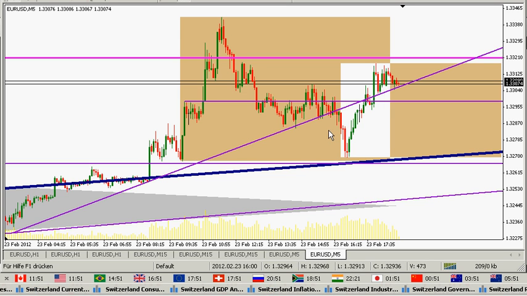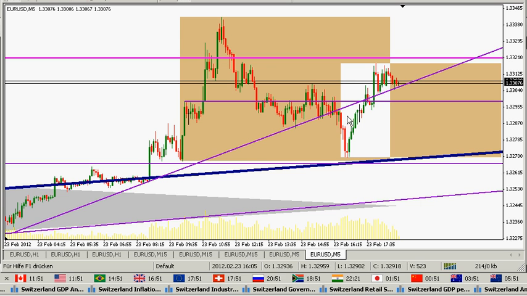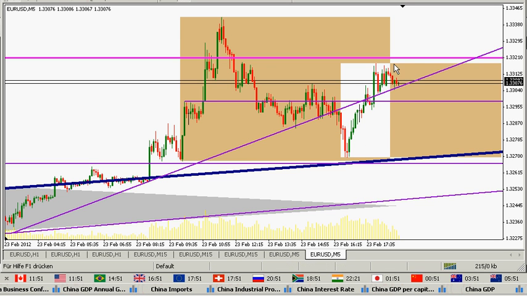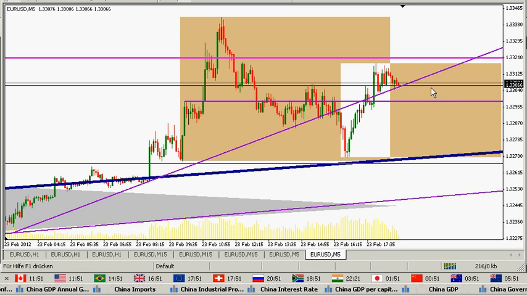And interesting in this context is the high above this sideways trend, the high today above this, and the lows still in line. So these two lines are still working and will be interesting lines for us until the end of the week and perhaps next week.